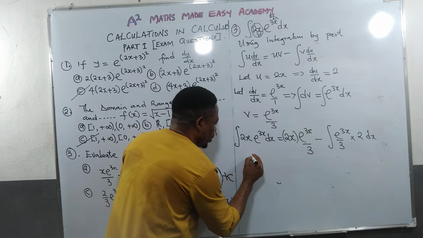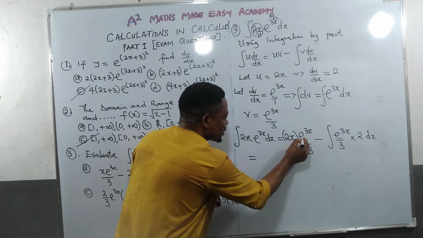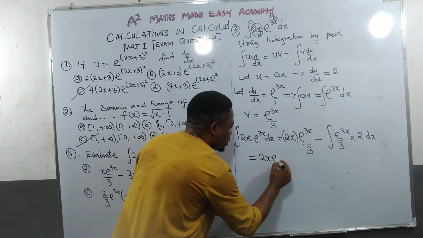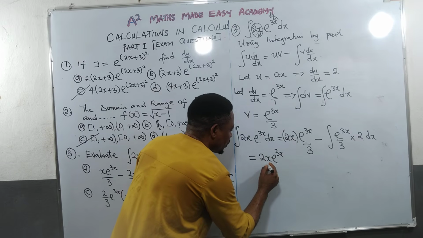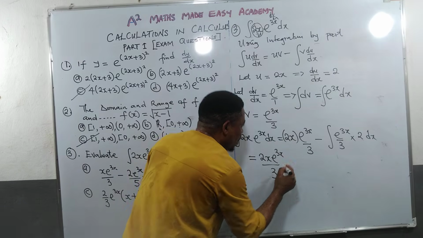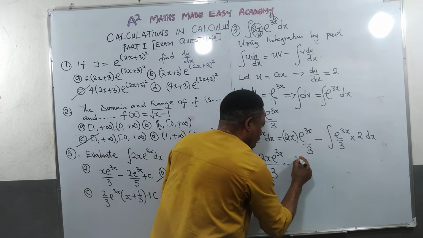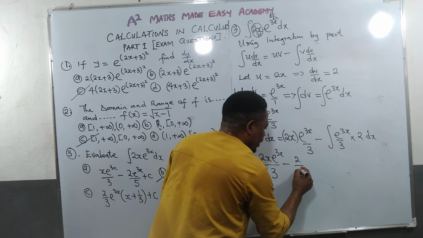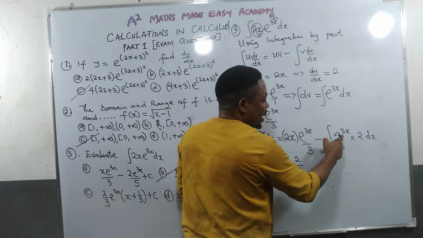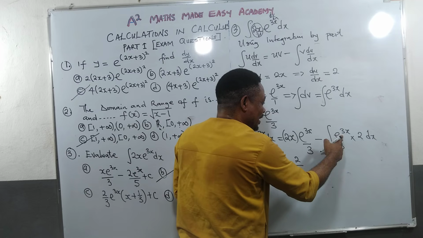Now what is the next thing? Watch. It will give you 2x exponential 3x divided by 3. Now what do you do? Factor the values out. This is minus, right? Factor 2 out, then over 3 out, and integrate expo only. I've taught you how to integrate expo.